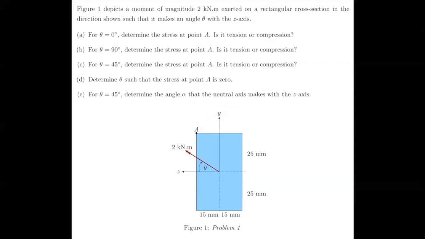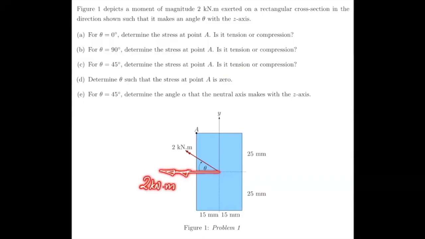So in order to solve this, we assume theta is 0. If theta is 0, that means then the moment you have would be 2 kilonewton meters only in this direction.